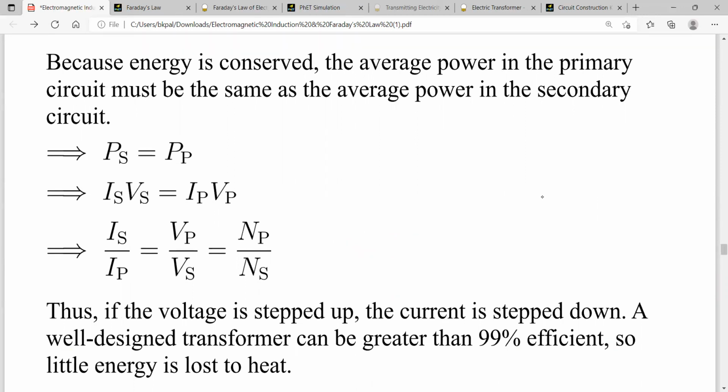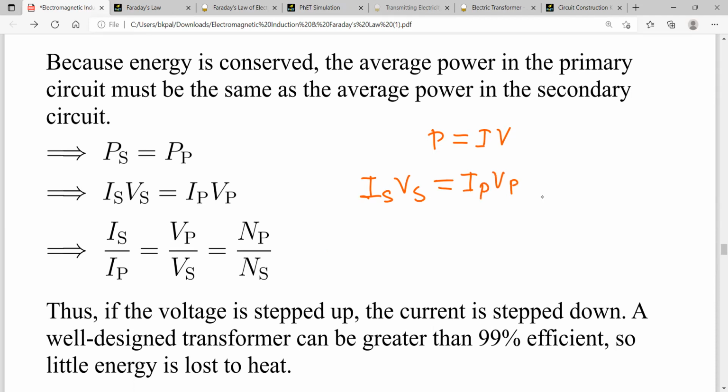So PS is the power in the secondary coil, and PP means the power in the primary coil. Earlier you learned that power is equal to the current times the voltage. Now if you substitute this in this equation, for the secondary coil you get IS VS, and for the primary coil you get IP VP.